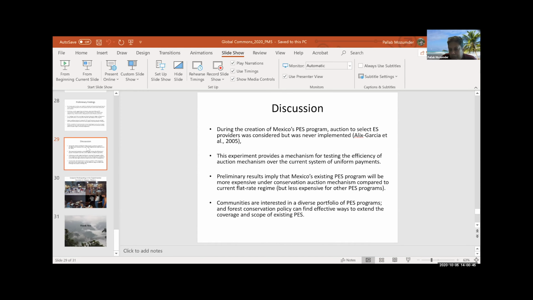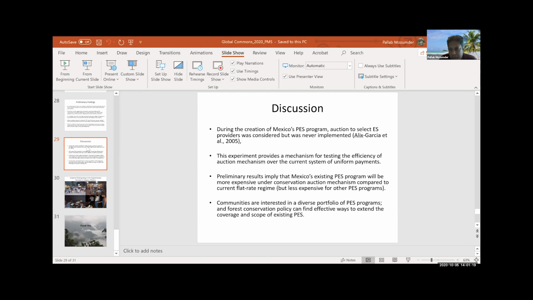This auction mechanism gives a much more participatory approach: you are asking their preference, how much they would be willing to accept to conserve this land, and you have a mechanism to either accept or reject the bid. So it has a participatory process. They feel like they are participating in the mechanism rather than just being given a blind offer to either accept or reject. So they like that approach, and communities are interested in extending the PES program.